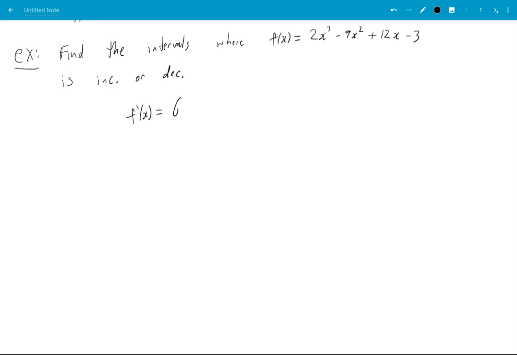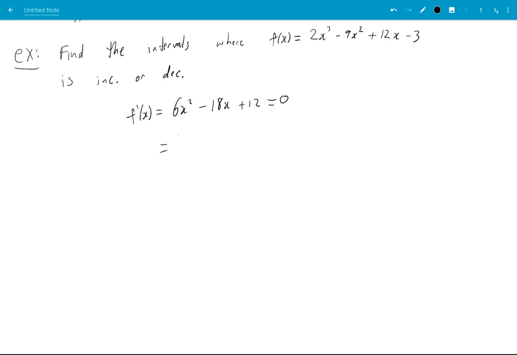So f prime is 6x squared minus 18x plus 12. We want to find out when this expression is positive and when it is negative, because we're trying to use theorem 1. So first of all, when is it 0?